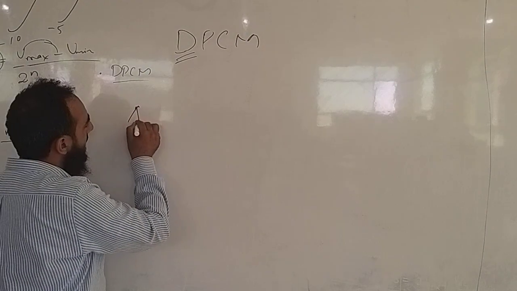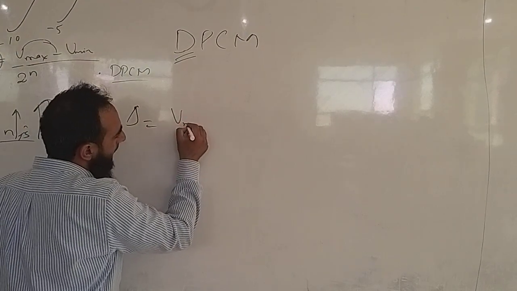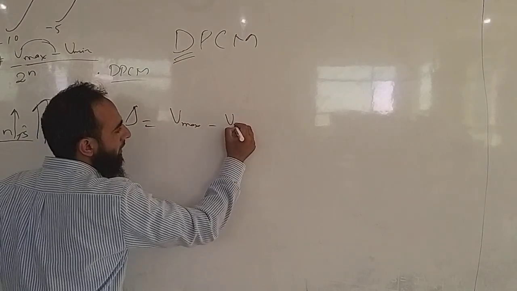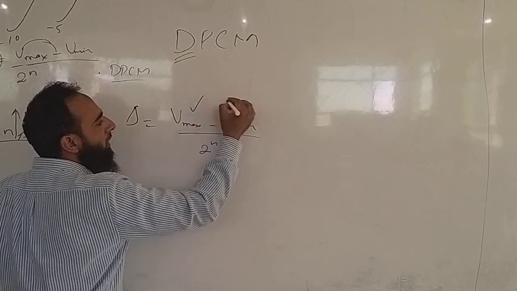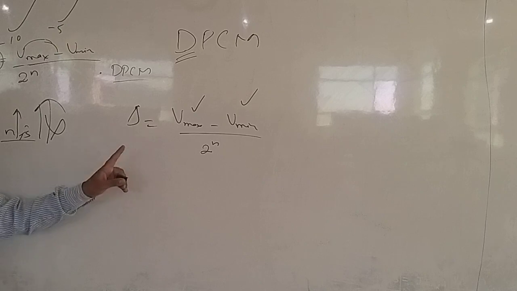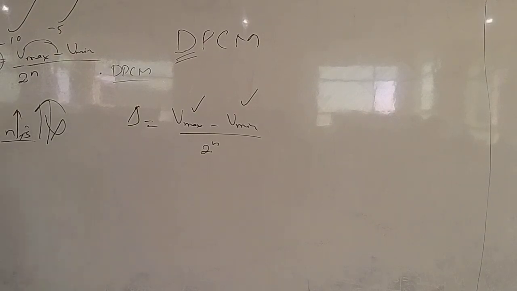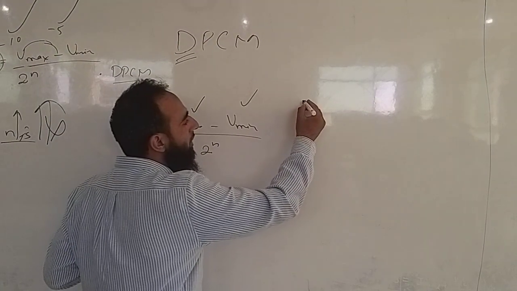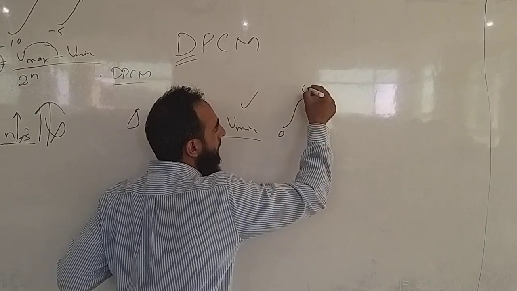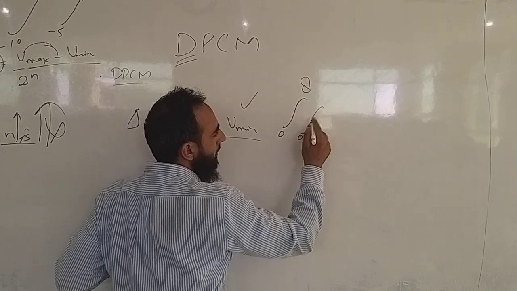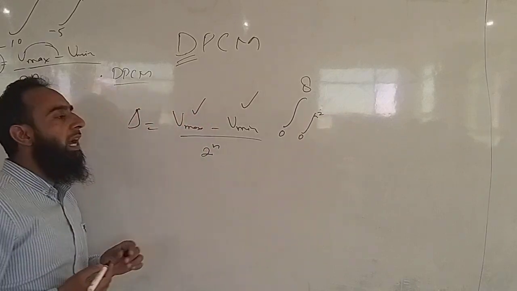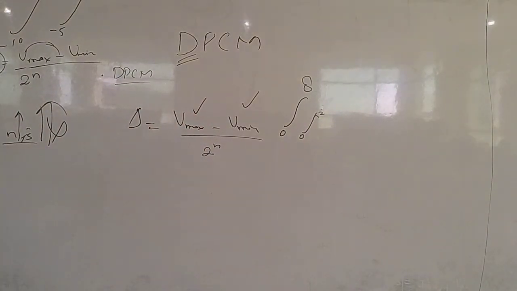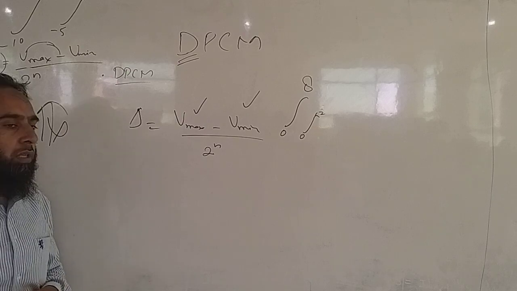So you can say delta hat is equal to V max minus V min divided by 2 raised for n. Therefore next one is here we decrease the dynamic range of the signal from higher voltage values to lower voltage values.